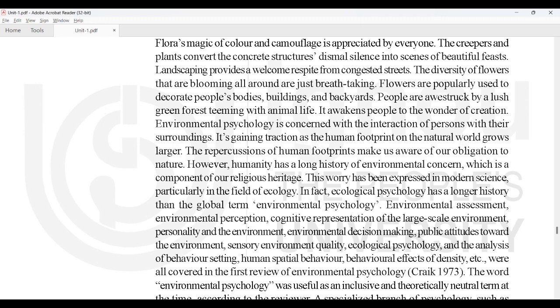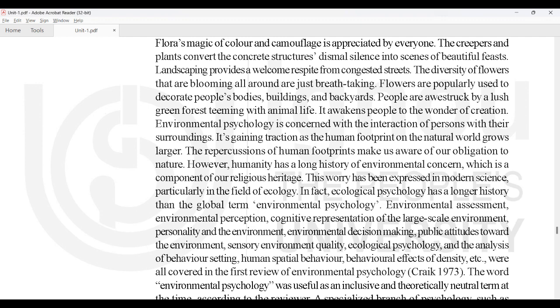The diversity of flowers that are blooming all around is just breathtaking. Flowers are popularly used to decorate people's bodies, buildings, and backyards. People are awestruck by a lush green forest teeming with animal life. It awakens people to the wonder of creation.